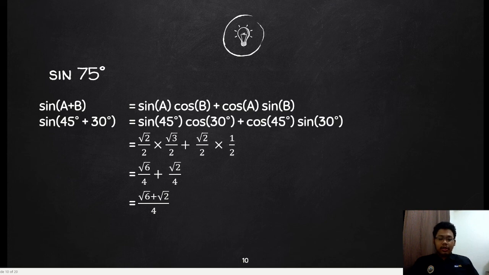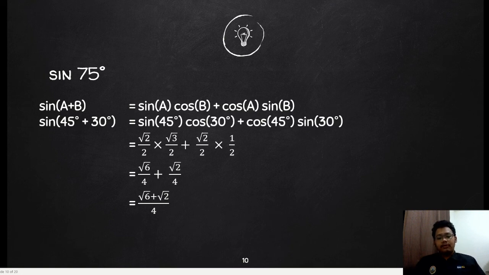Remember, we multiply first, then division, addition, subtraction next. So when you multiply, we get square root of 6 over 4 plus square root of 2 over 4. Since the denominators are already the same, we just add as usual: square root of 6 plus square root of 2 over 4.